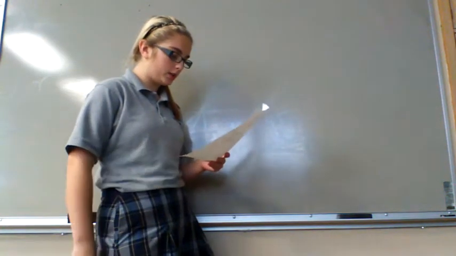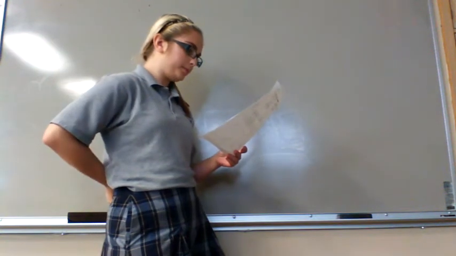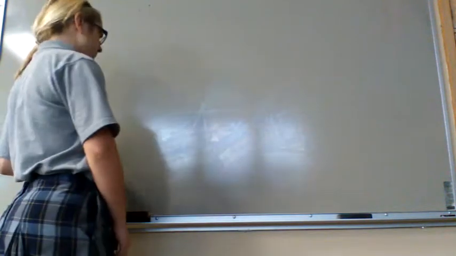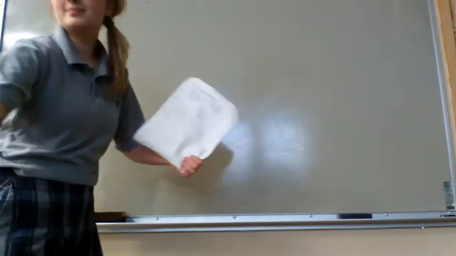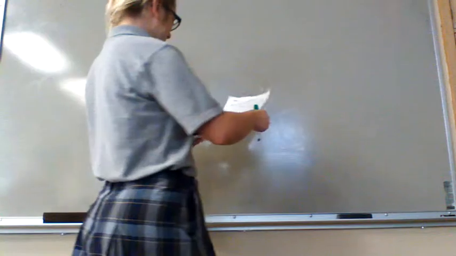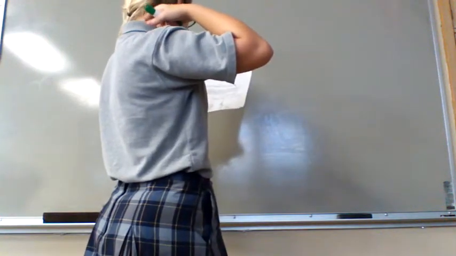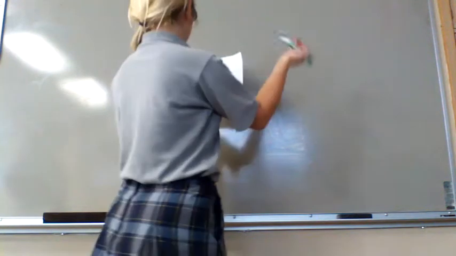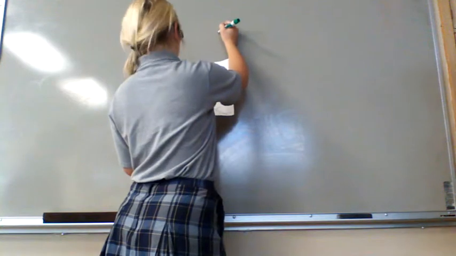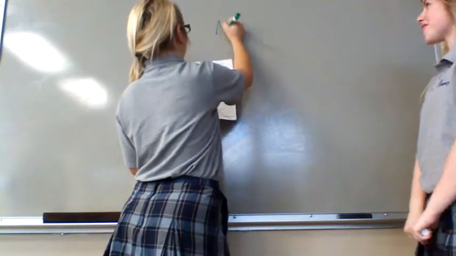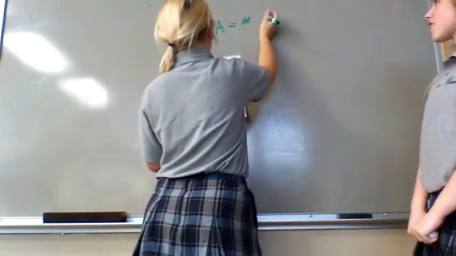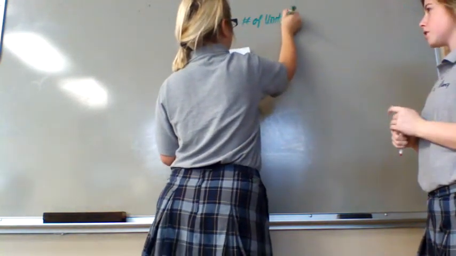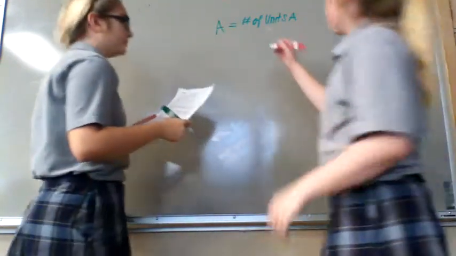So first we need to write out our constraints. We know for a fact that there cannot be less than 0 of grade A or grade B. A will represent number of units A. You want me to write B in a different color so we don't get confusing?